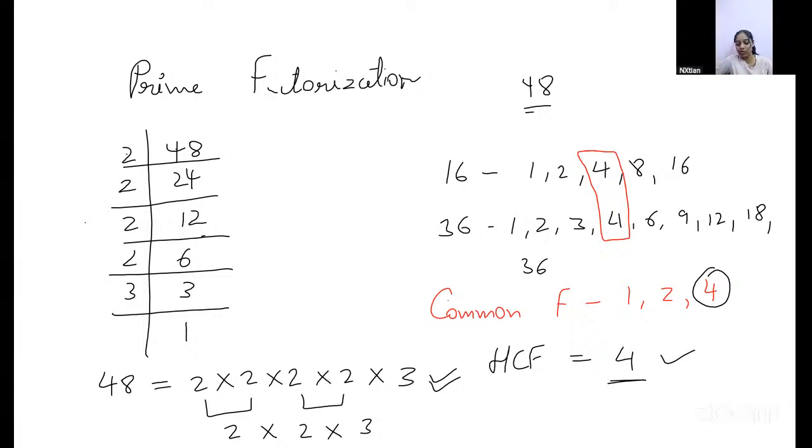So after 2 and 3, 4 is also there. Then you solve further: 2 into 2, 4 into 3 is 12, which is also a factor. 3 into 2 is 6, yes, 6 is there. So when you solve this further, you will get more of the factors.